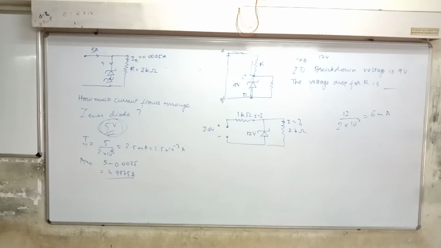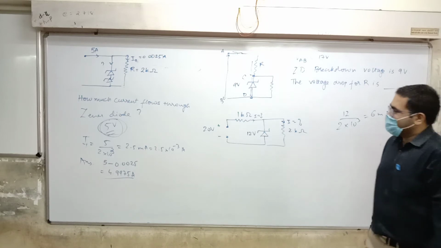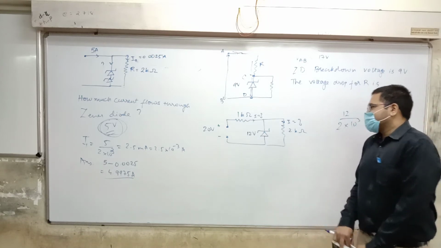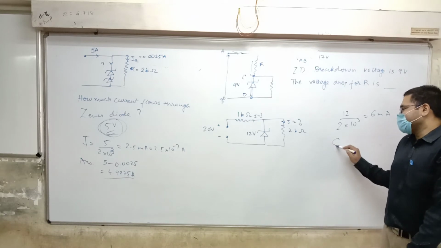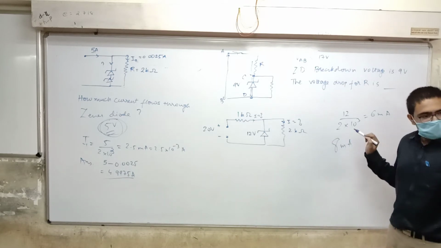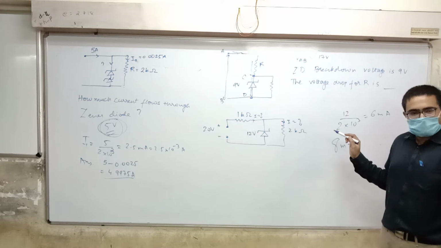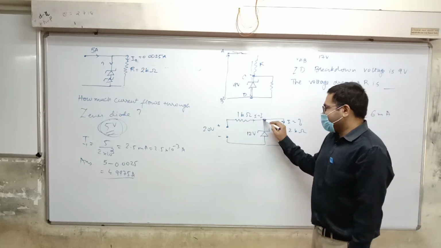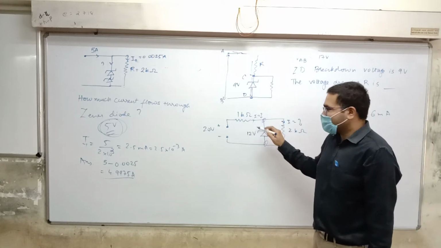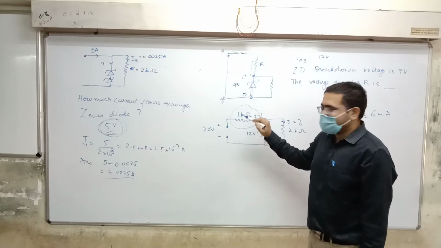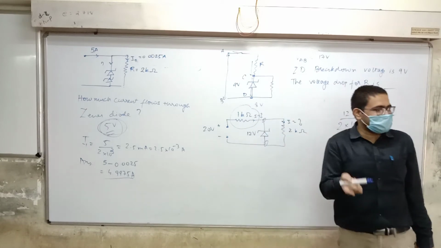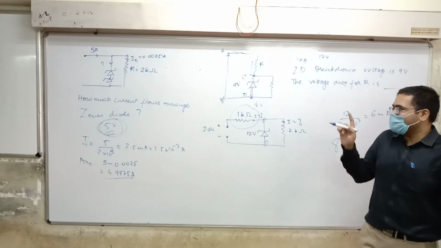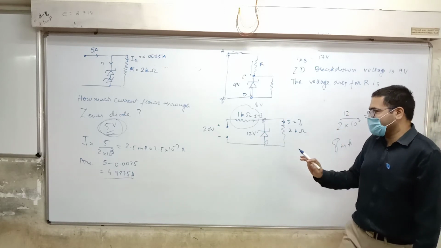The correct answer is 8 milliamps. Right? How do we get that? At 12 volt, so how much does this give? 8. Clear or not clear? Because in series the voltages add. If you do not understand that, no problem.